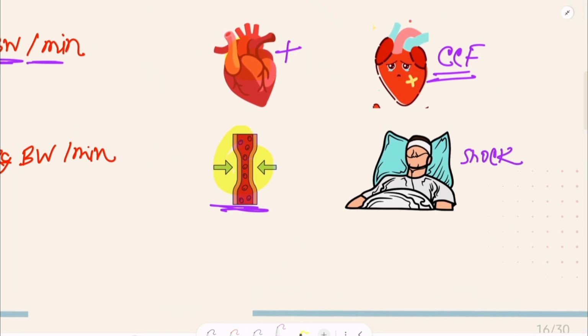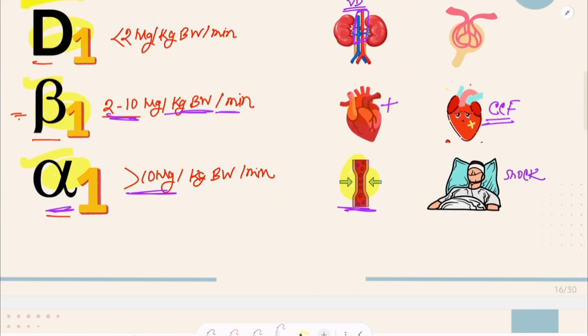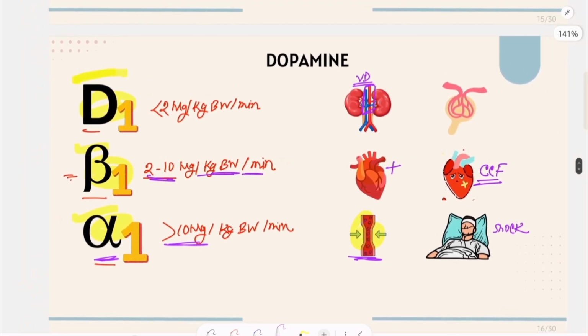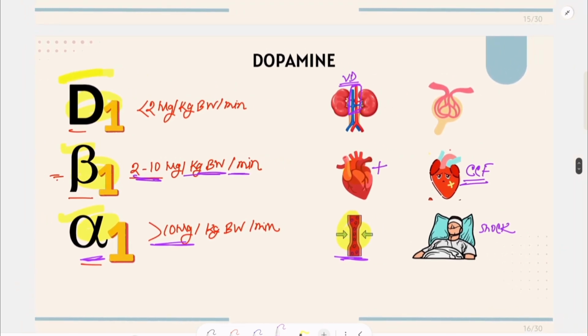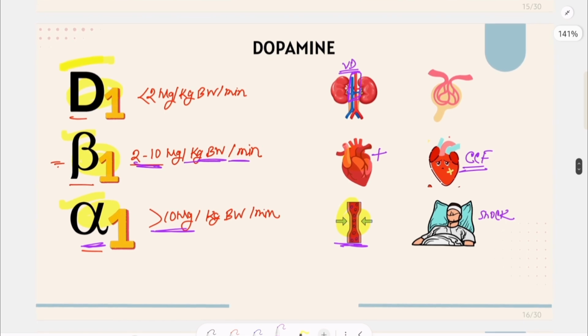So, dopamine can be given in high dose, more than 10 microgram per kg body weight per minute, in patients with shock. So, dopamine, when given in high doses, will cause vasoconstriction, which will increase blood pressure, so it can treat shock. But the additional advantage of dopamine is that at high doses, it stimulates all the three receptors.